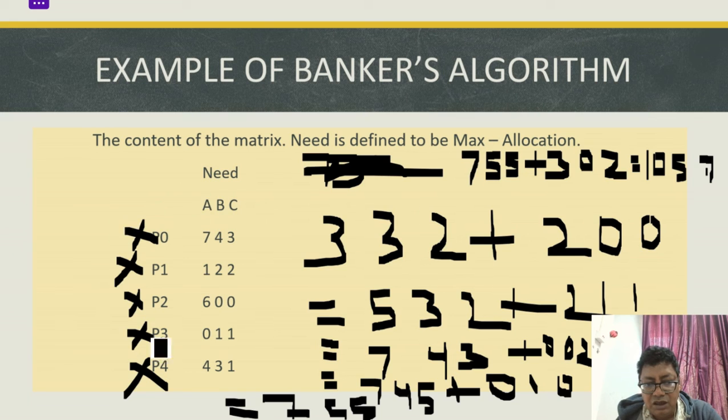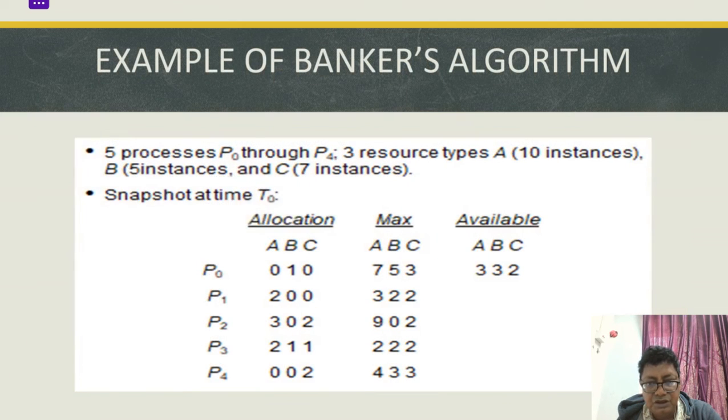End of the 5 processes terminating. Now we go into the question. Please remember that value 10, 5, 7. Now go into the question: 10, 5, 7. Both are equal.